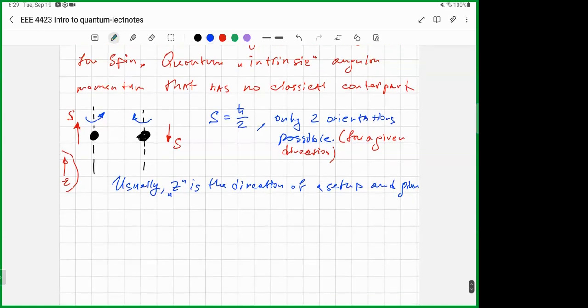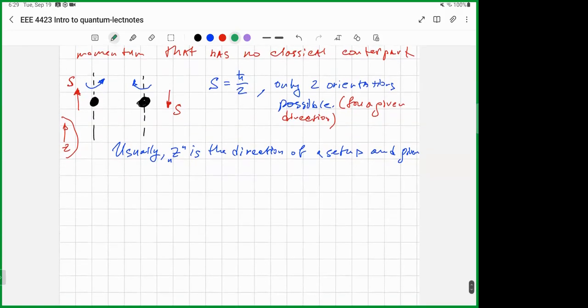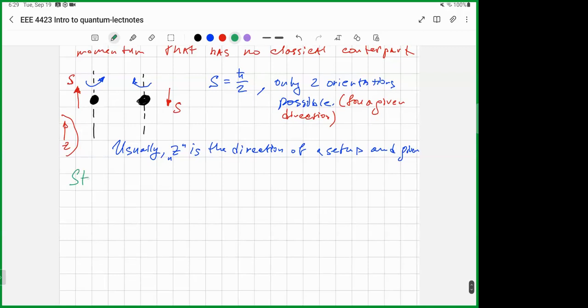So as an example, let's consider the very famous experiment. It's named after two scientists, the Stern and Gerlach experiment.